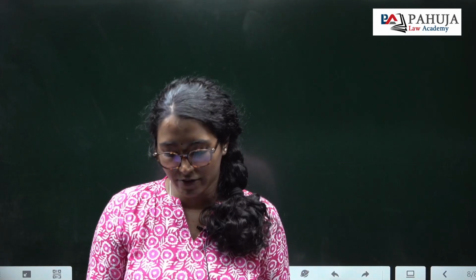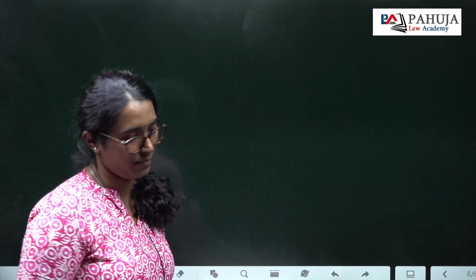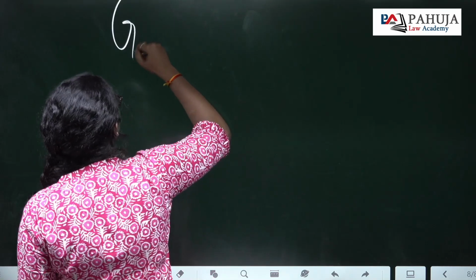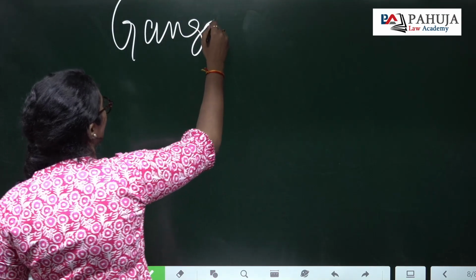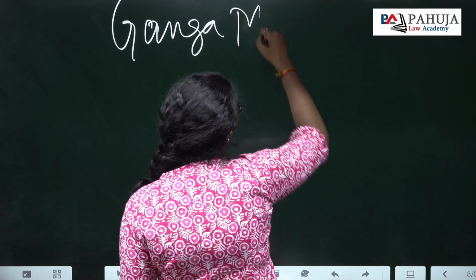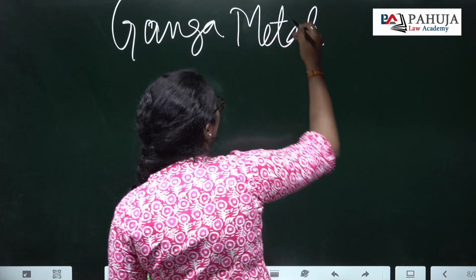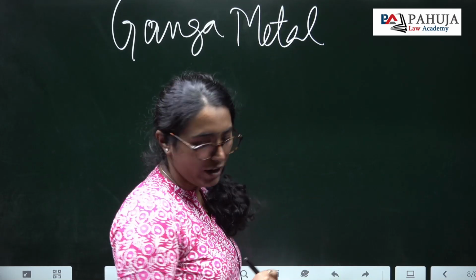In Ganga Metal Refining Company versus Commissioner of Income Tax, 1967 Calcutta High Court, it is a very old judgment.